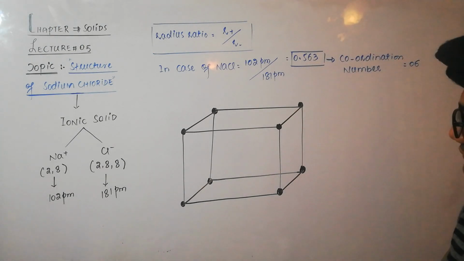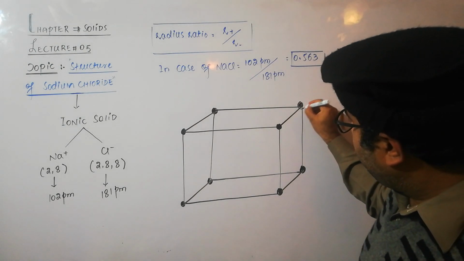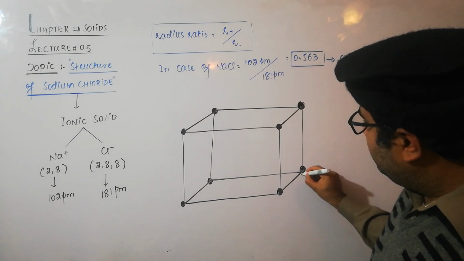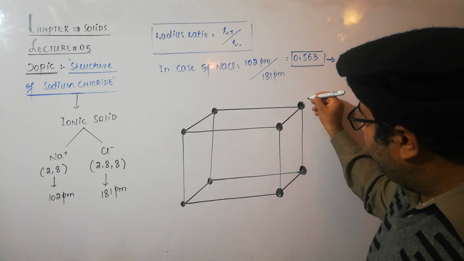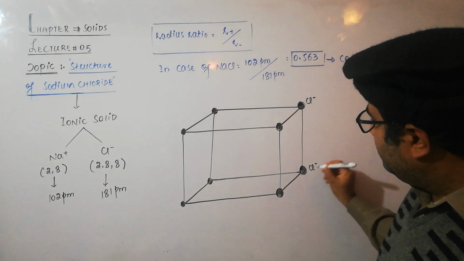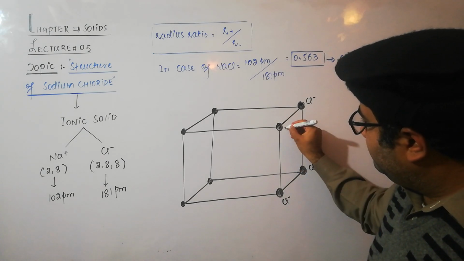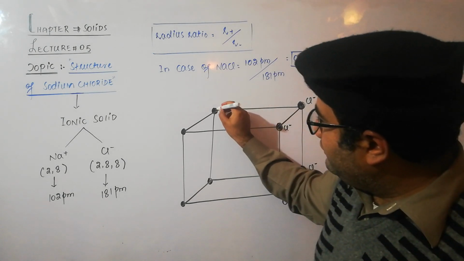Now, these circles, these are actually the chloride ions which are present at the corner of the cube.